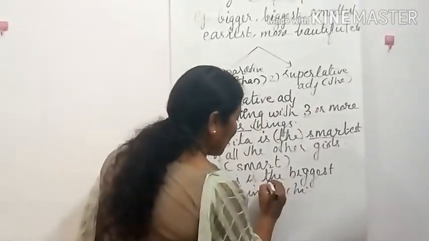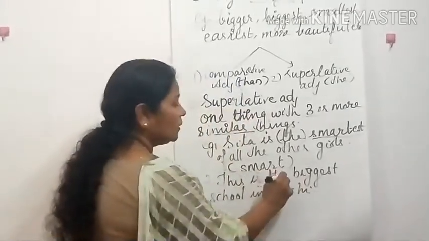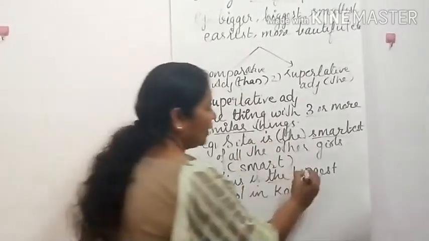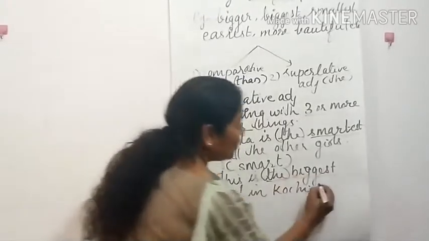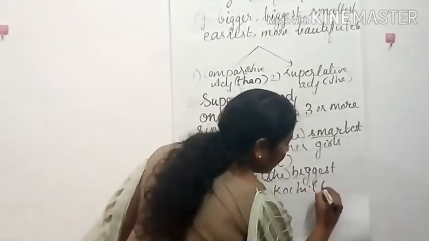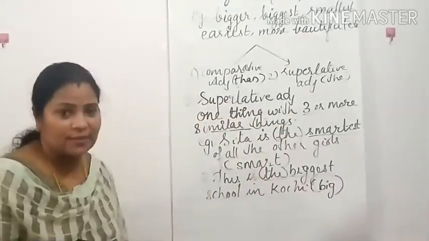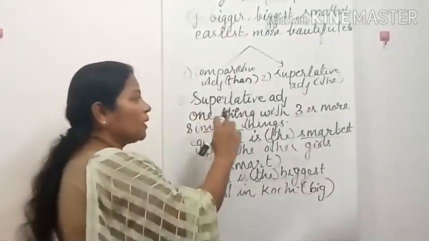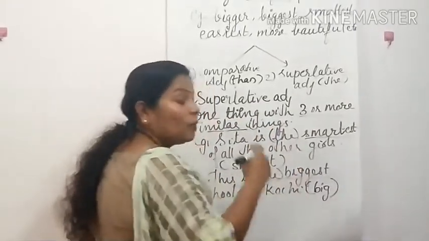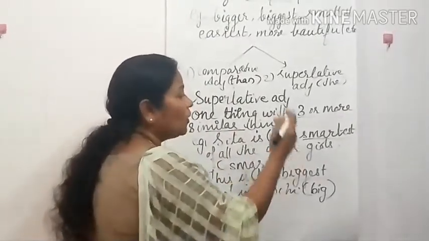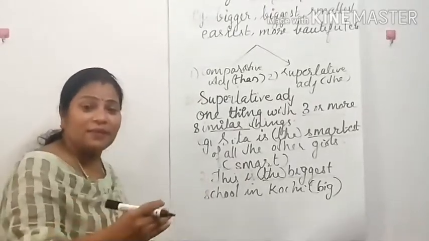So you have again used the article the. This is the biggest. Okay, and this is our article and this is our superlative adjective, which is obtained from the adjective big. Taking from big, we get biggest. Okay, so in superlative adjective we have the article the and it is formed mostly by using the word ending iest or est with it.